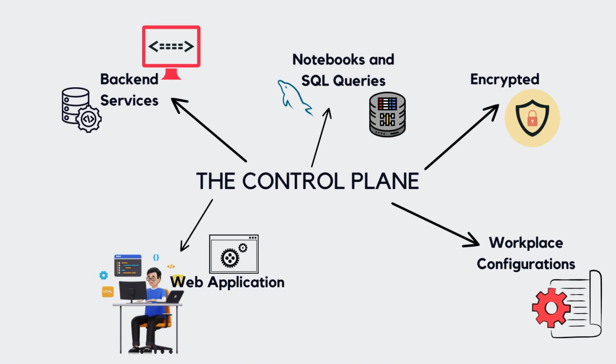Let's talk about the concept of the control plane and the compute plane. The control plane consists of major components: workplace configurations, web application, backend services, notebook and SQL queries, and finally the security.